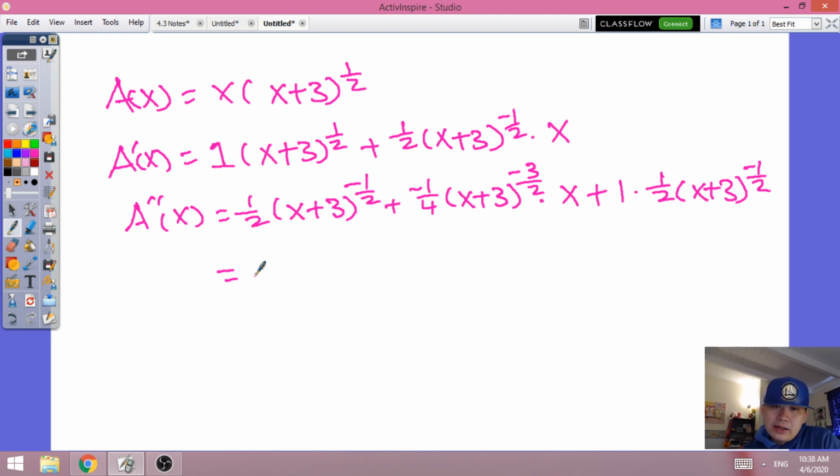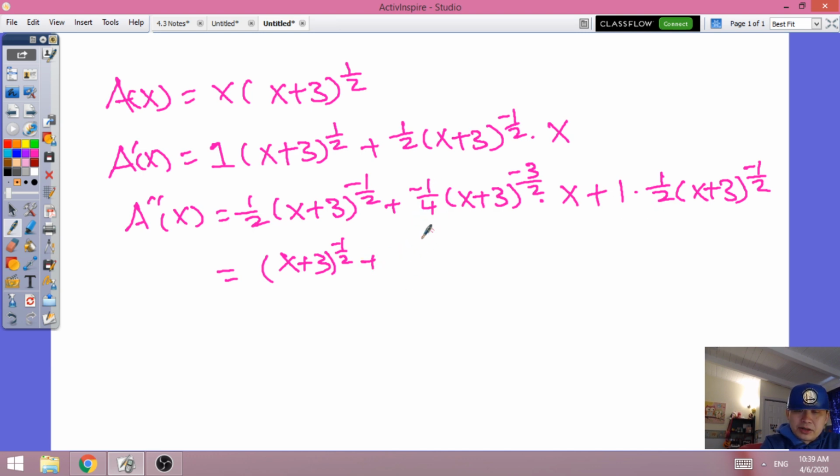Another thing that you can consider doing is combining the like terms. The first term and the last term are exactly the same thing, 1/2 and 1/2, so we can combine them together. That'll be x plus 3 to the power of negative 1/2, because 1/2 plus 1/2 is just 1.